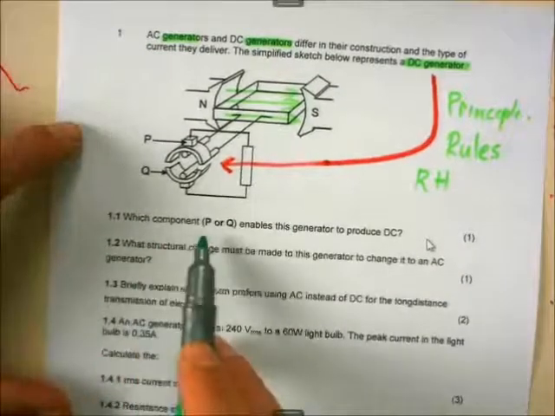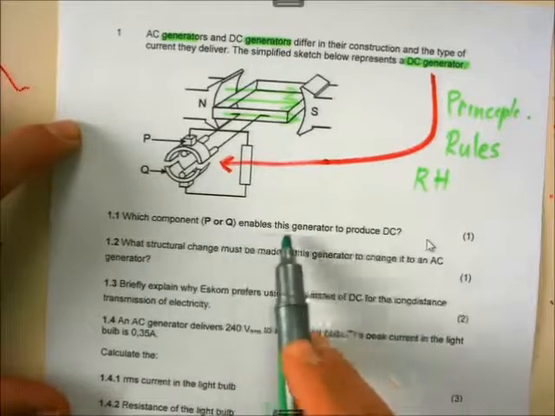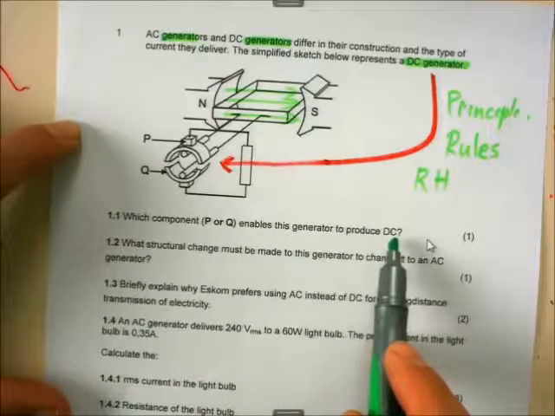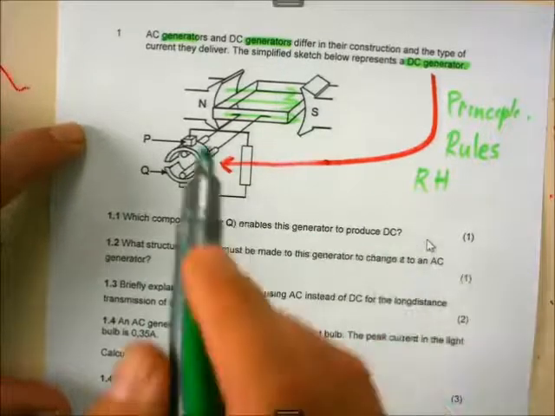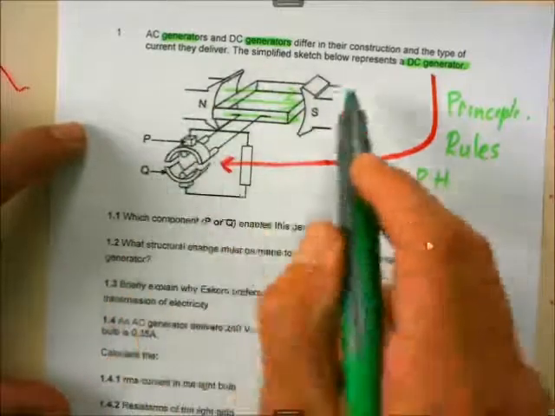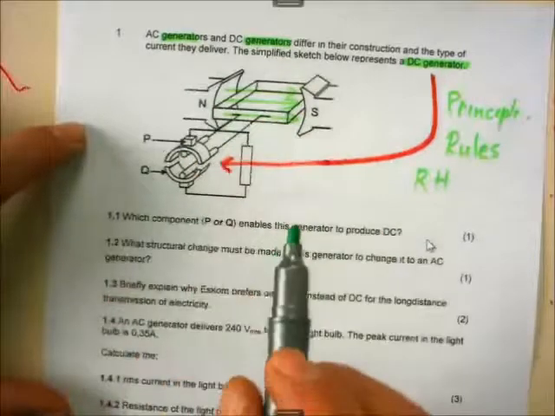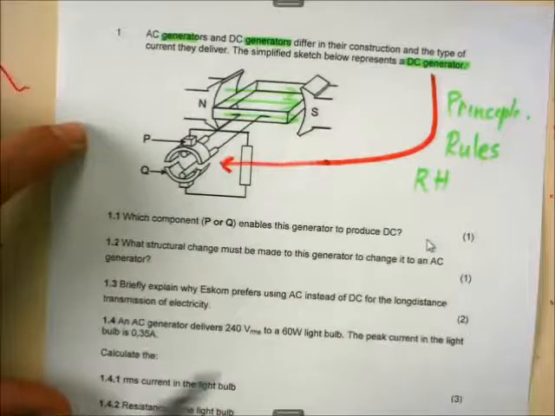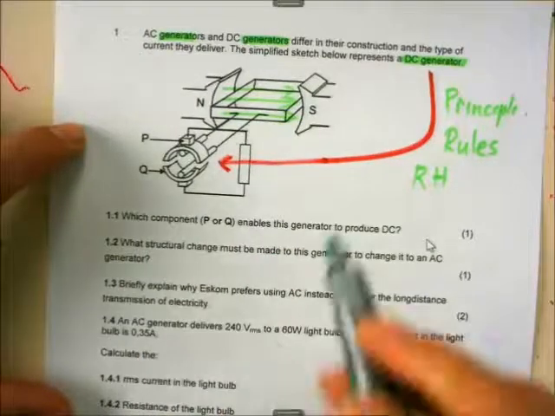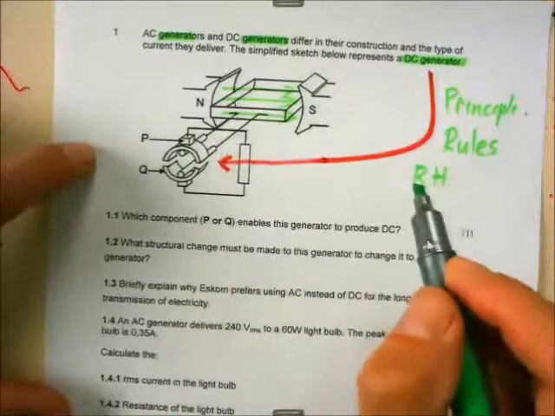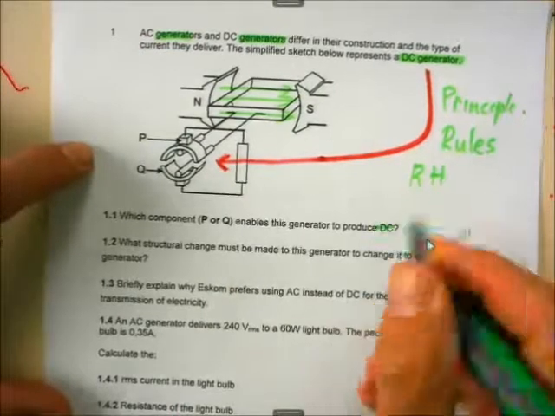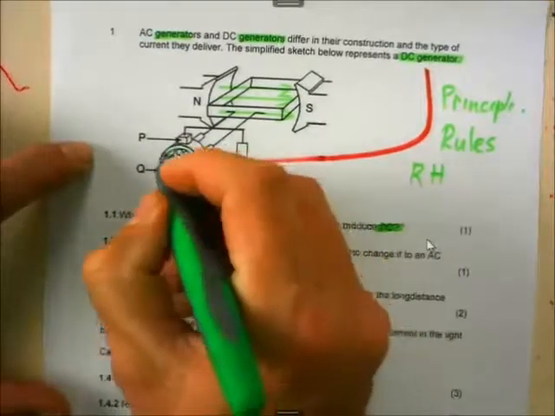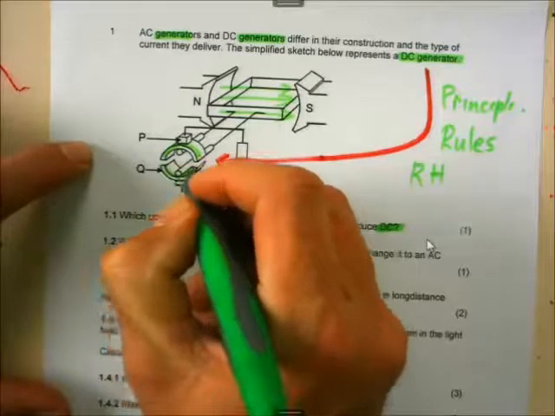Which component enables the generator to produce direct current? All right, of all the components here, there is only one that in the case of a generator where I am turning it, there is only one component which will determine that DC is produced, and that is the slip rings, or the split rings in this case.